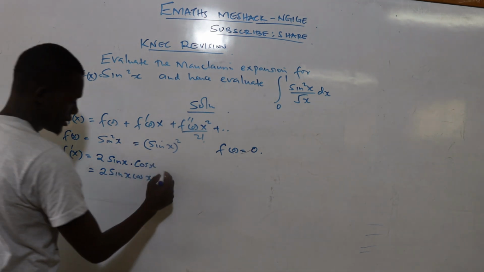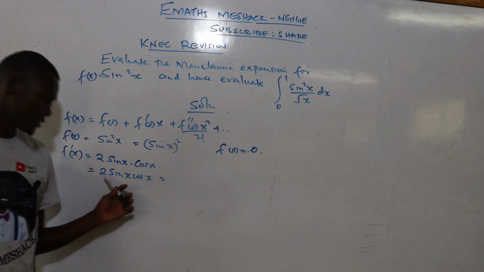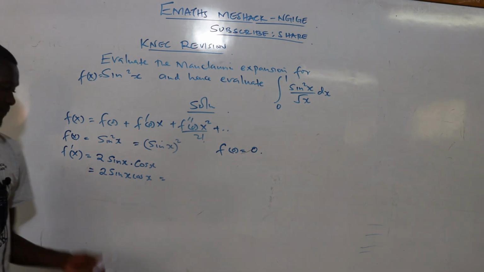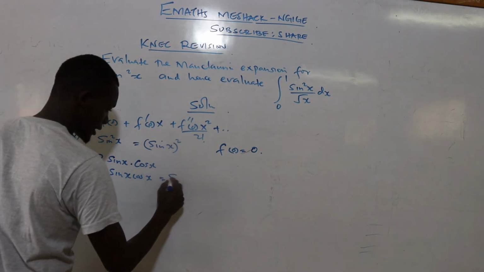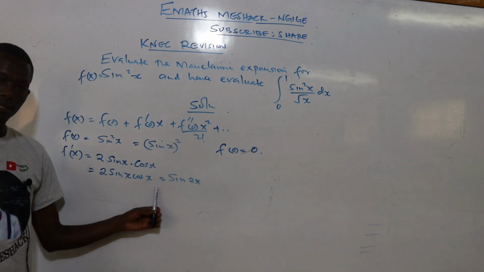Now, this function here, if you remember from trigonometry, there's something called double angles. Sine of 2x can be rewritten in this form.